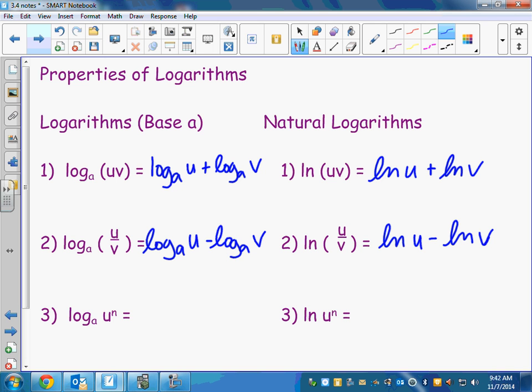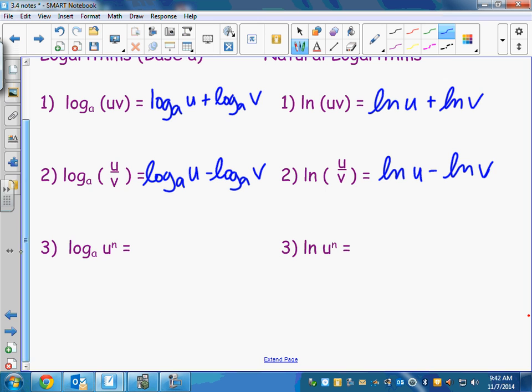So if you have a logarithm raised to a power, the property says you can move it out front. So that's the same as saying n times log a of u. That's how we can solve an equation that has an x in the exponent: if we just take a log of it, then we can pull the exponent out front. And the same thing is true for ln. So we can say that's n times ln of u.